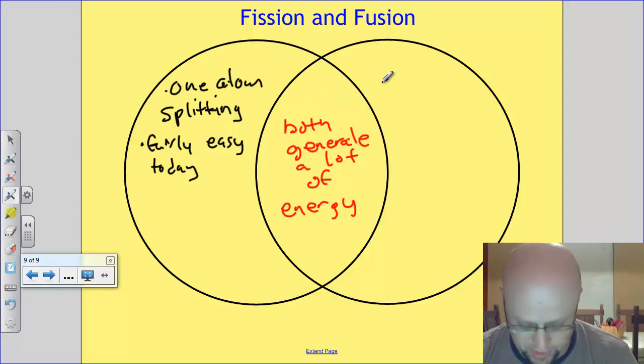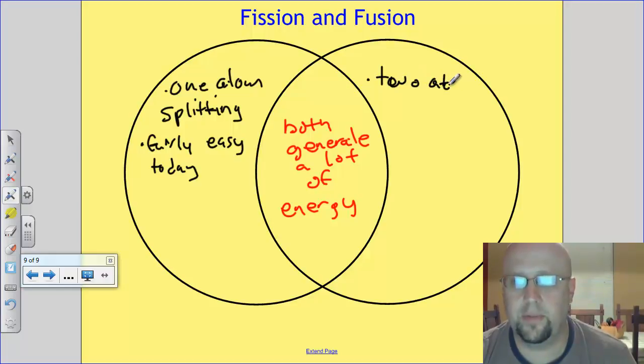On the fusion side, so what makes fusion better? Well, first off, let's remember what it is. Okay, it's two atoms, okay, forced together.